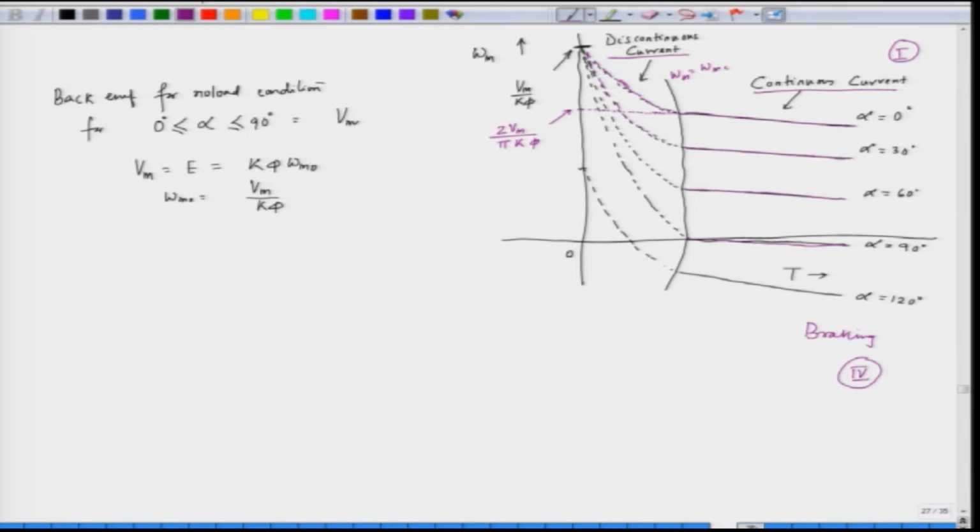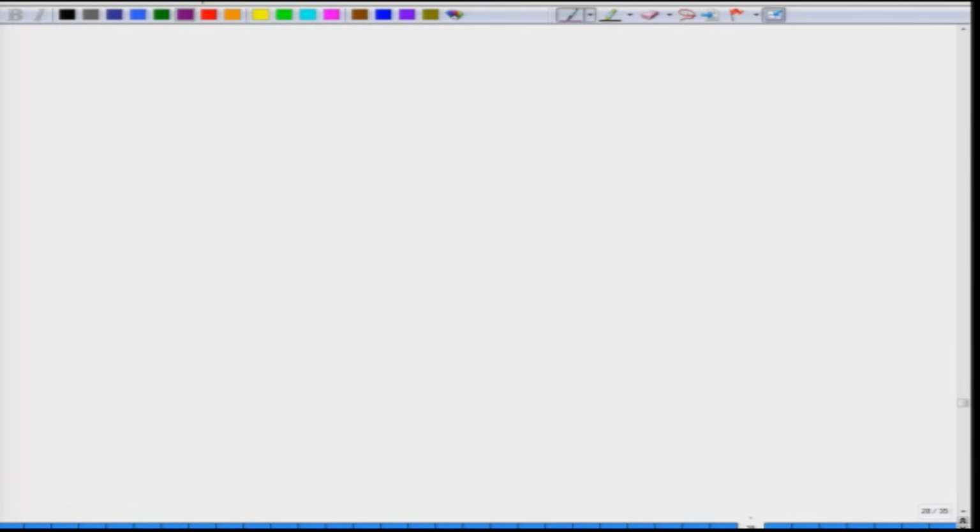Now, let us see how we go for braking with a full control converter. Let us see that we have a full control converter, which is shown by a block here, and this is supplying a motor load, resistance, inductance and back EMF.